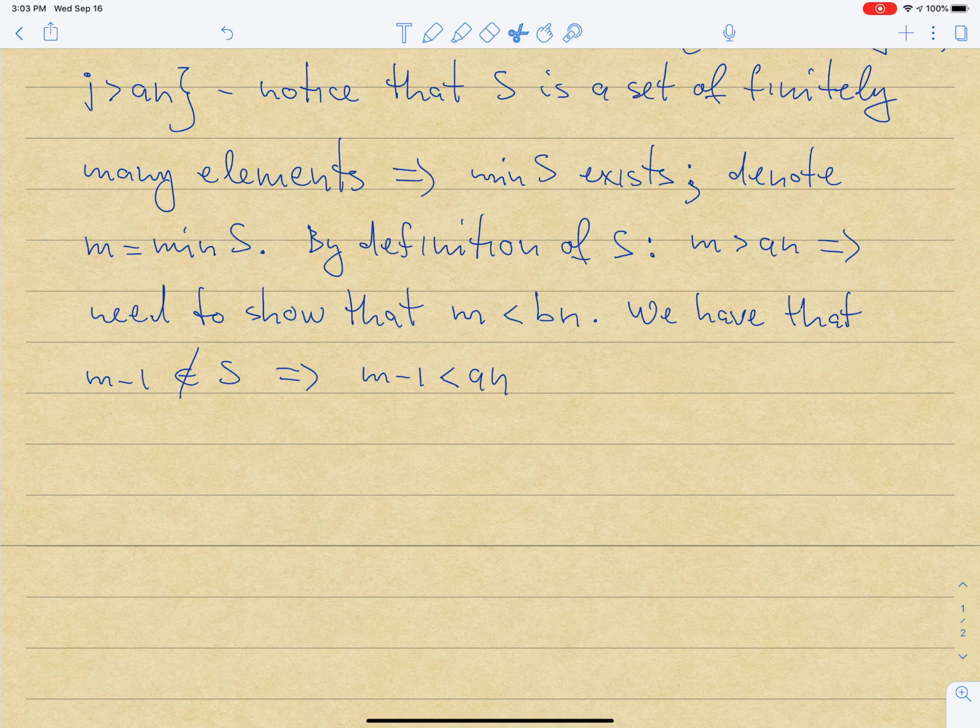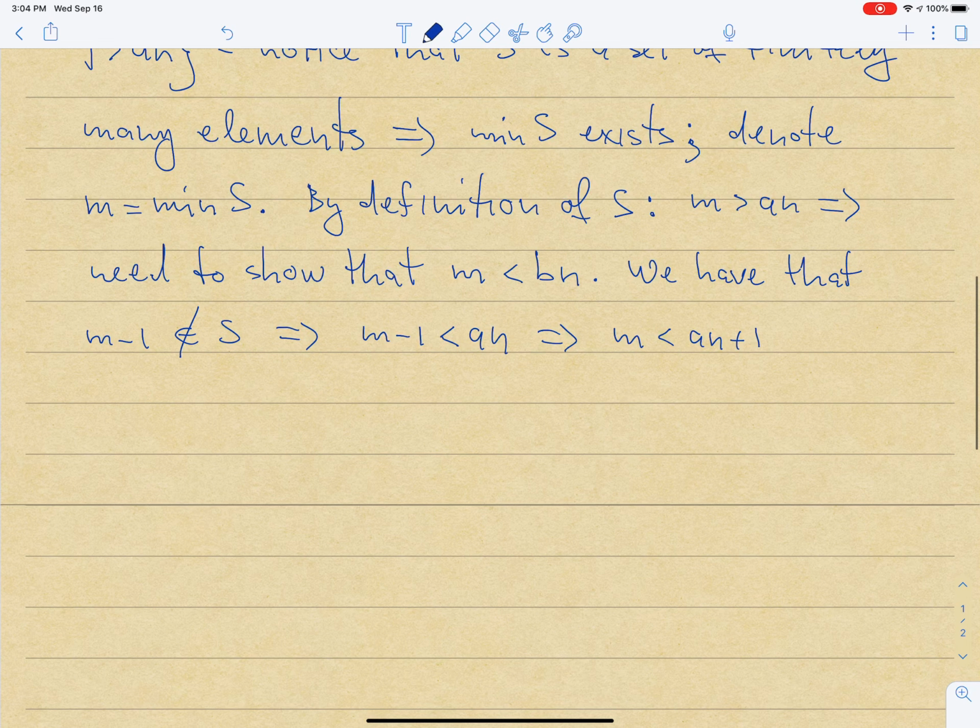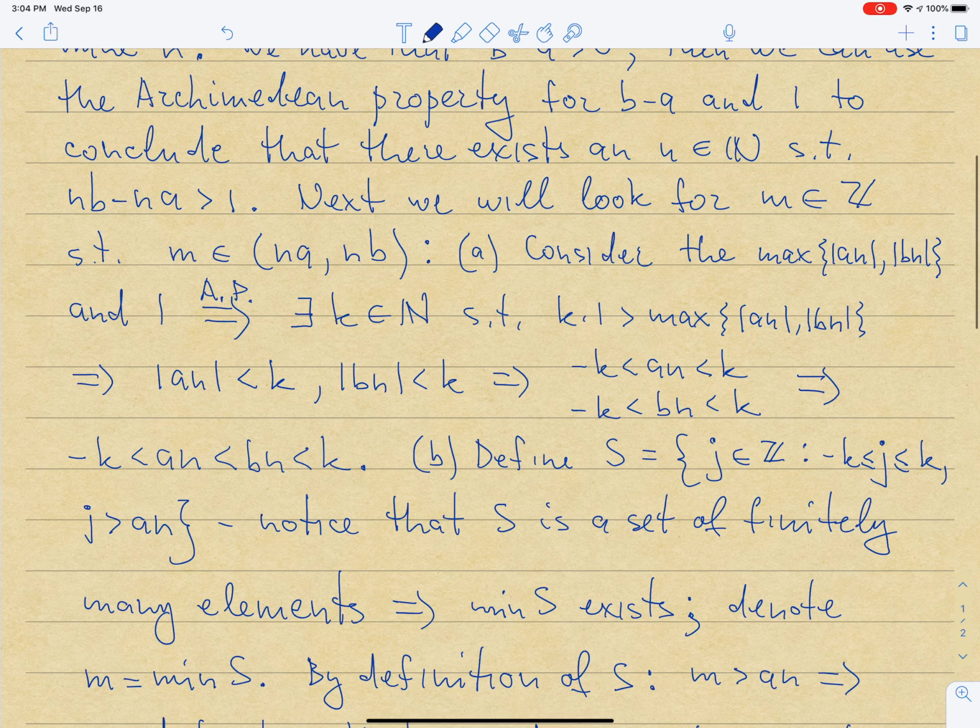Okay, fine. So m minus 1 is less than an, but saying that would be the same thing as saying that m is less than an plus 1, right? And then what do I know about an plus 1? Let's go back to our definition of n.